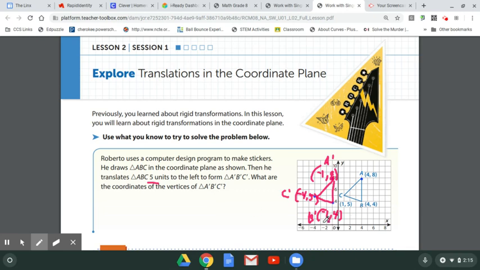So when you look at this, it went 5 units to the left. So if you look at this, what's going left? The x, and it's going down. So when you go to the left, the numbers go down. So the x value went down 5 because it went to the left 5. Okay?